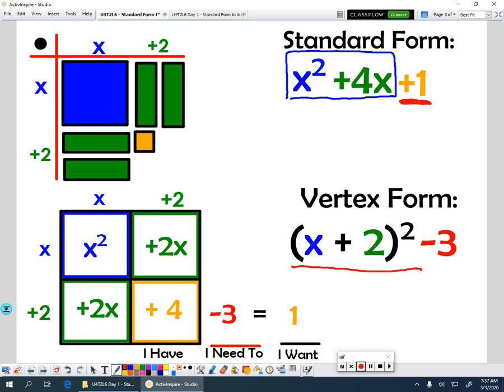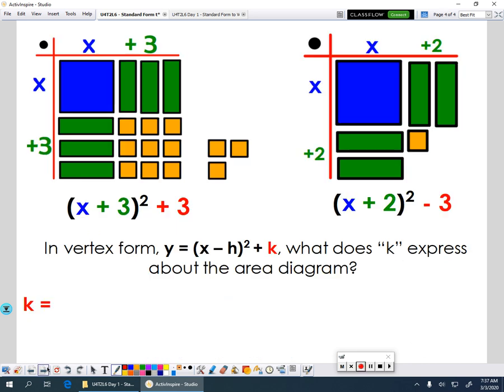but then I'm also going to subtract 3. So before we stop, just take a minute and think about what this adding or subtracting value that we're doing on the end represents. Remember, in our vertex form, this is our plus k. This plus 3 that we had before, or this minus 3, that's the k value in our vertex form.